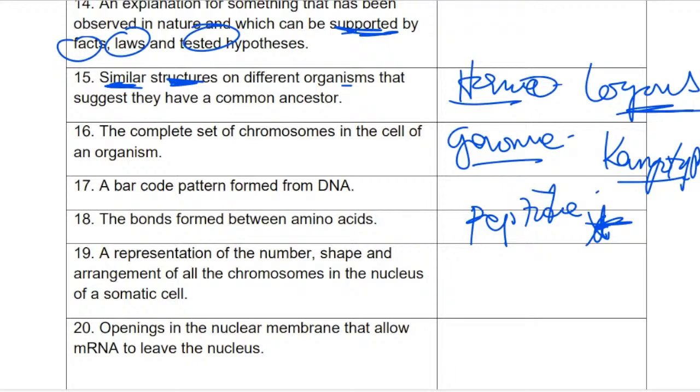So it's polypeptide chain, peptide bond. Is it clear? If you say polypeptide bond, it is wrong. You will get a zero. So make sure that you don't say polypeptide bond. It's peptide bond. Okay, we continue.